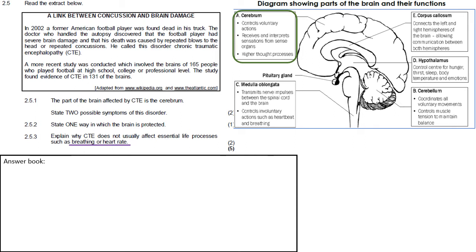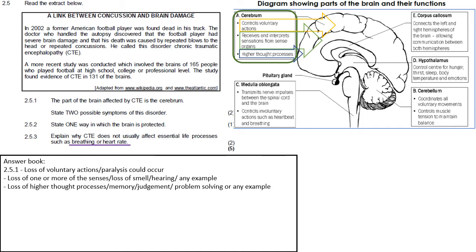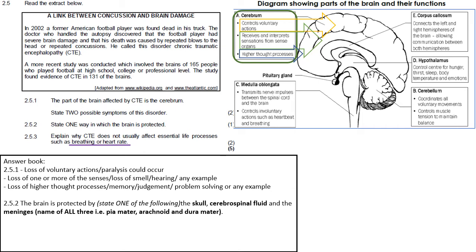So your symptoms of damage to that area would correspond to those functions. Loss of voluntary actions or paralysis could occur, loss of one or more of the senses, and you can give any example, loss of higher thought processes, and you can give examples such as memory, judgment, or problem solving.